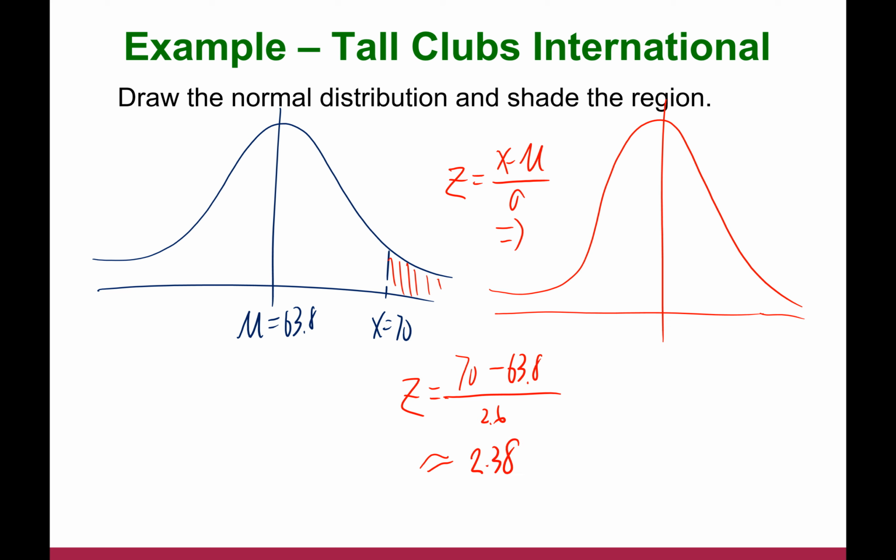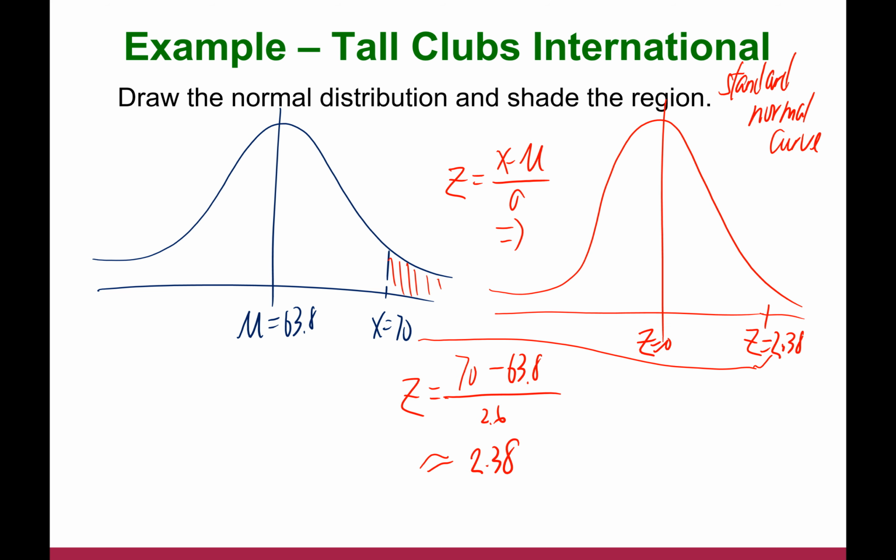Now on the standard normal curve, the center is z-score equal to 0, and right here the z-score is equal to 2.38. Now this height is turned into a standardized z-score.